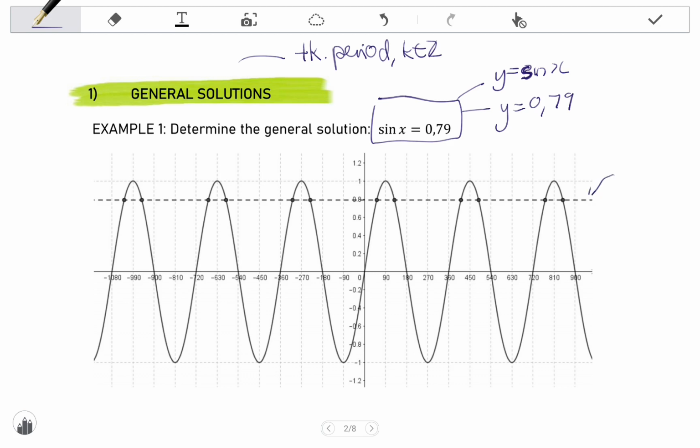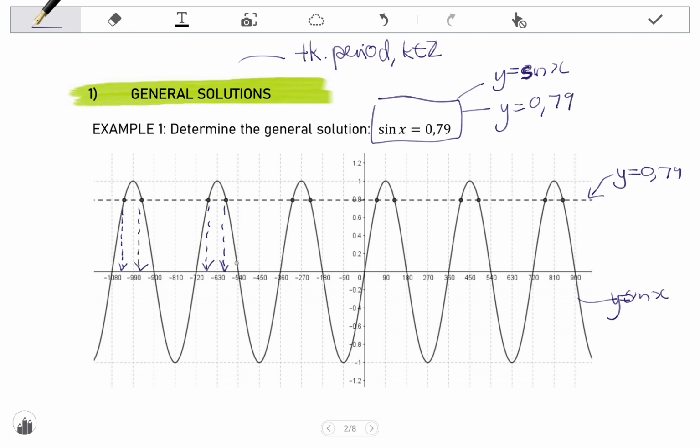So here in the diagram, I have the dashed line, which is the 0,79 function, and then I have the sine graph. If we look at their points of intersection, the solutions to that equation are the x values for every point of intersection.